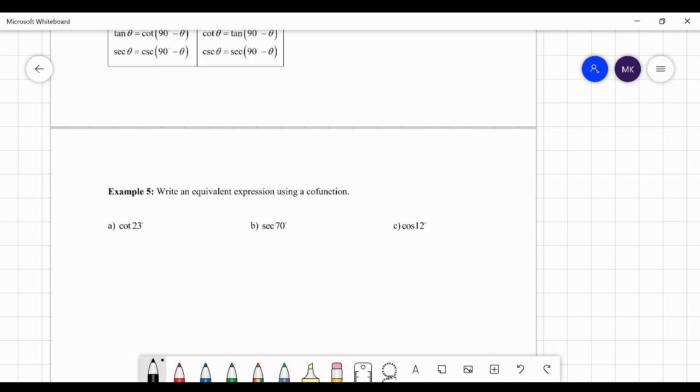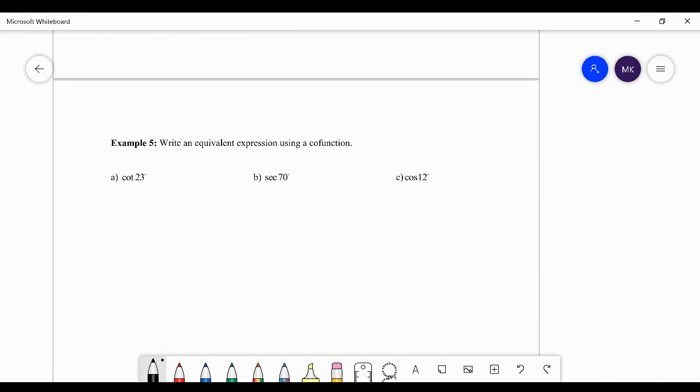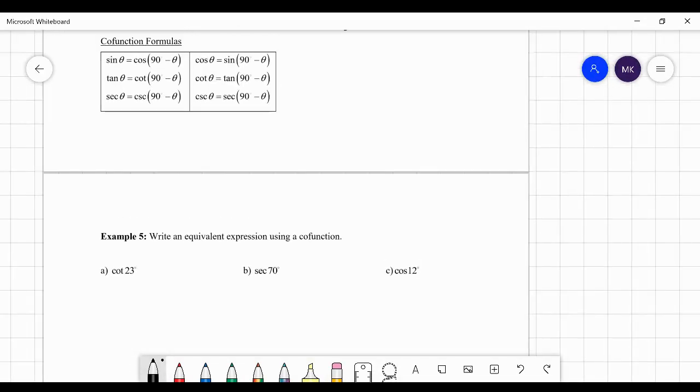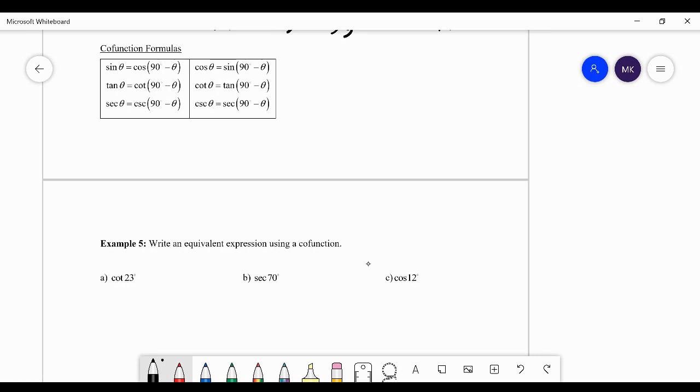So using that, let's think about writing some equivalent expressions using these co-functions. So cotangent of 23 degrees. If we look back at our table here, cotangent of theta is paired with tangent of 90 minus theta.